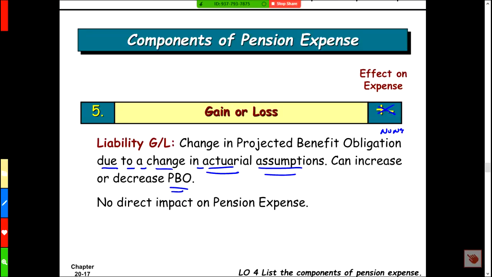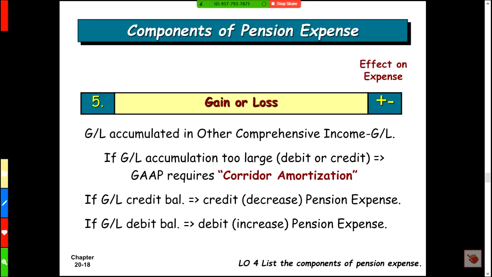Not directly. And the last one that I'm going to mention in this presentation is corridor amortization. What's going to happen is if the OCI balance gets too large, then we're going to adjust it and run it through pension expense. If it's a credit balance, then we're going to amortize it by crediting pension expense and debiting OCI gain loss.